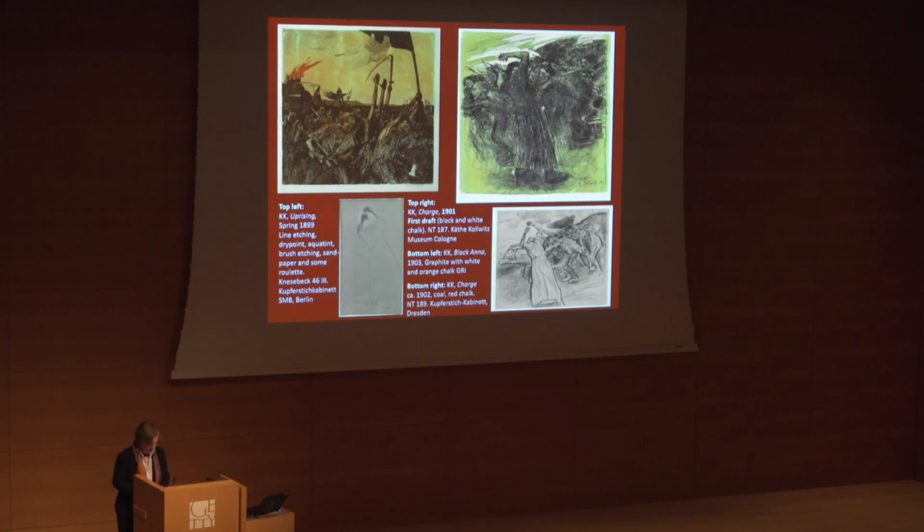In 1899, one year before the etching The Downtrodden, which we have just seen, the artist published her first etching on the subject of the Peasants' War, and since this was initially also called Peasants' War, she likely wanted to leave it with this one sheet and not dedicate an entire series to the subject.